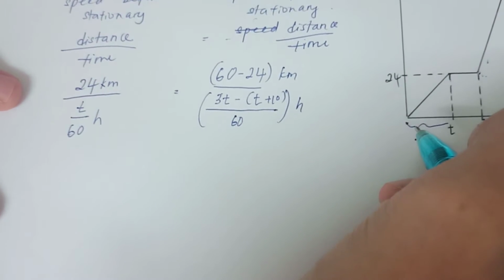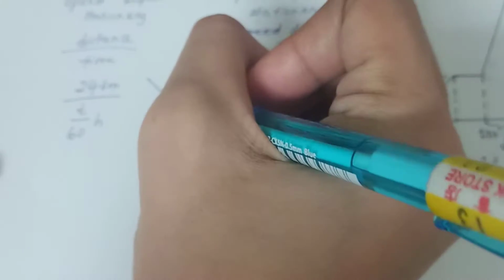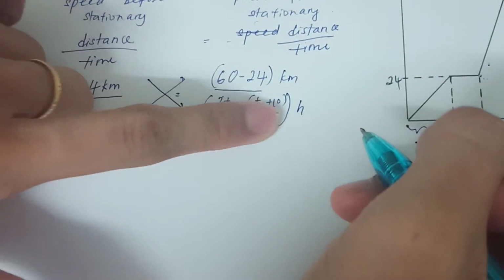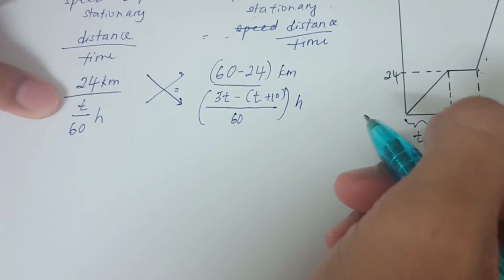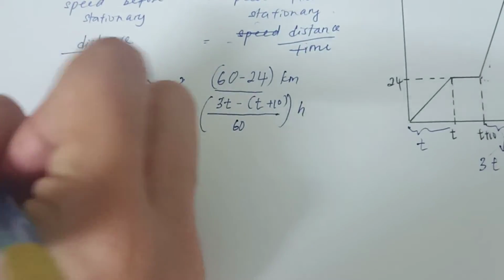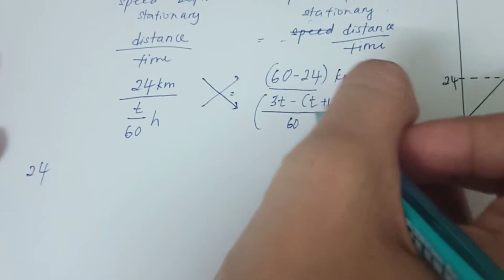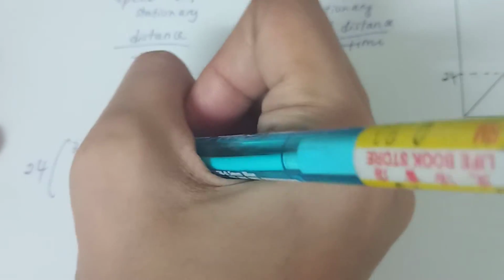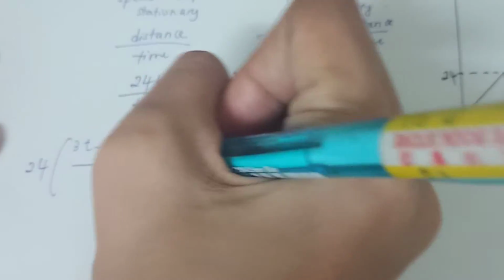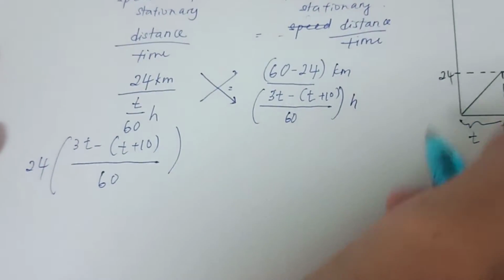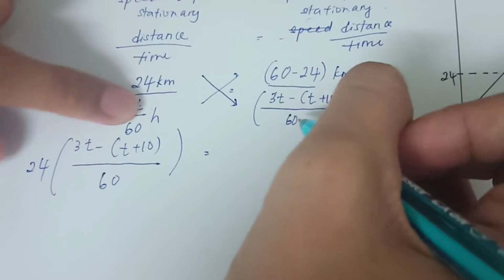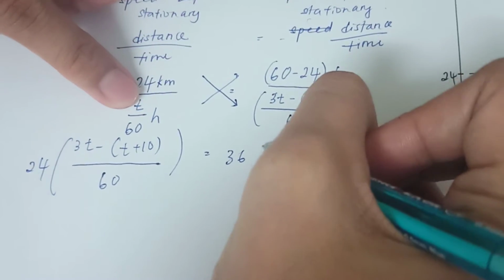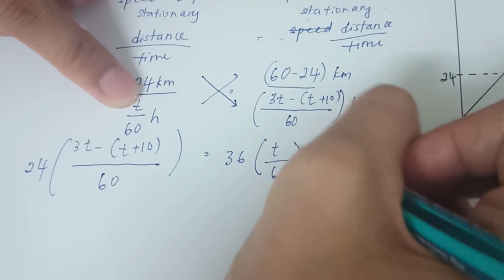Okay, now how do we solve this? Easy. You just cross multiply. Darab silang saja. So 24 will multiply with the bottom, and the top will multiply with the bottom here. So 24 times 3t minus t plus 10 over 60 equals 60 minus 24, which is 36, times t over 60.